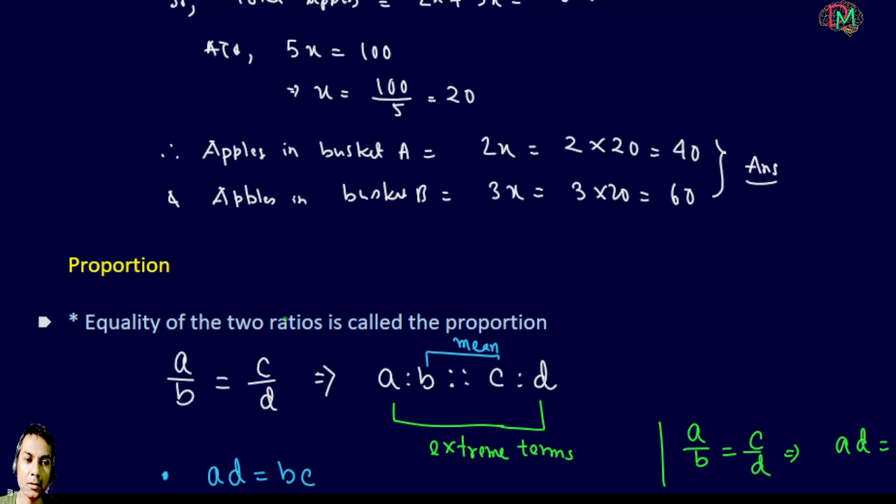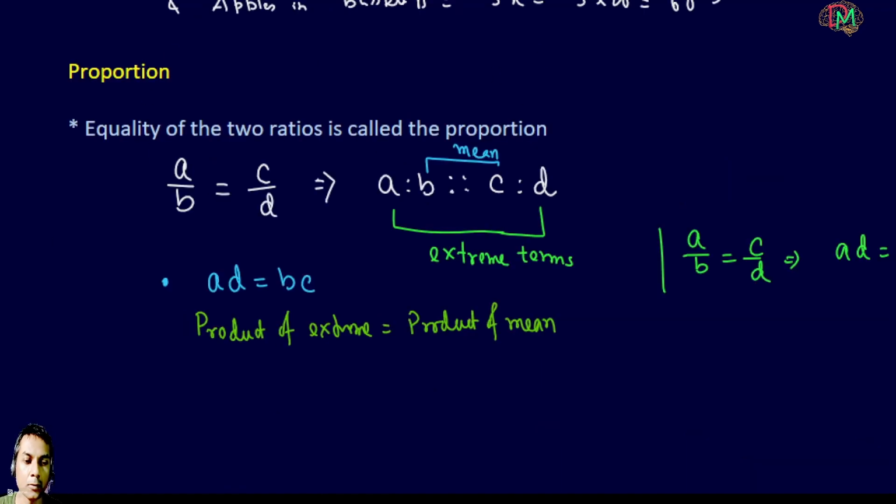Clear? So we can say that the product of extremes is equal to the product of means. Another way a proportion can be represented is A is to B equal to C is to D. Clear?